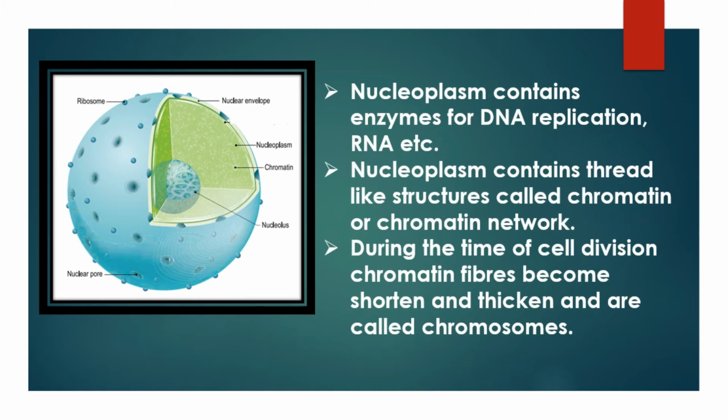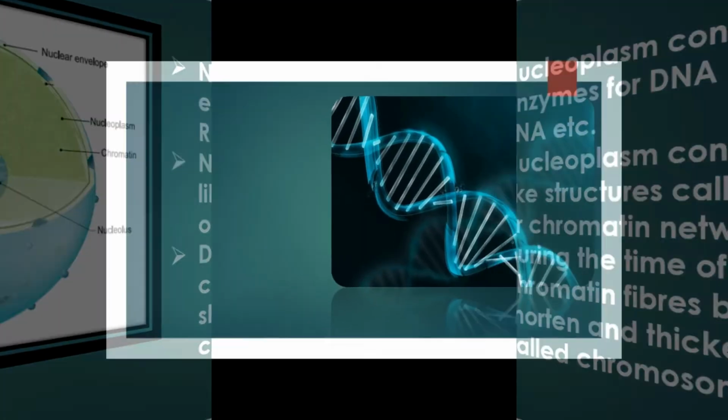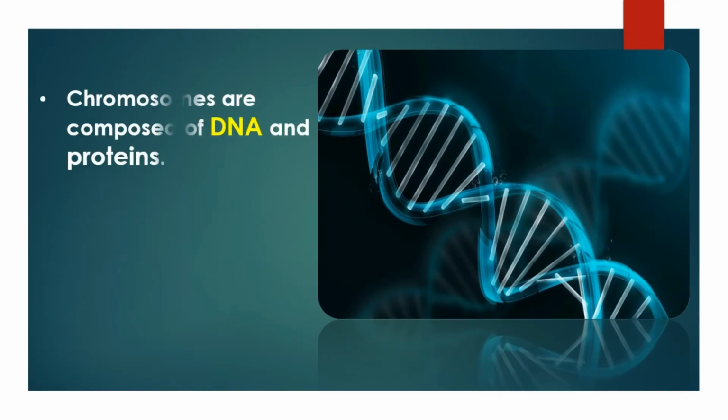But prior to cell division, they become short and thick or condensed. Then they are chromosomes. Chromosomes are composed of DNA and proteins. Chromosomes are the carriers of hereditary materials.